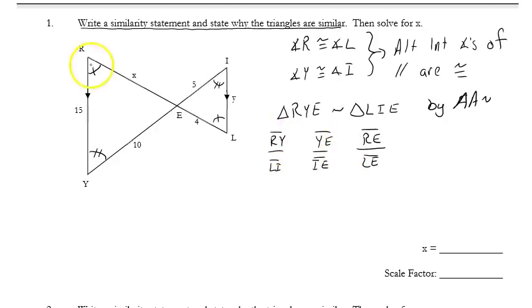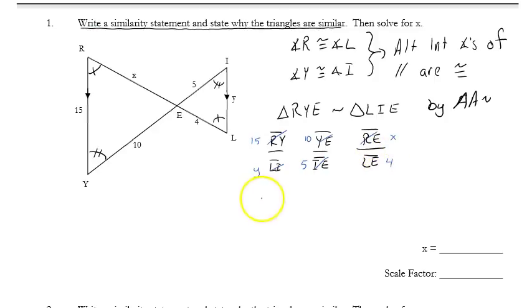I know that segment RY is 15. That segment LI is Y. Segment YE is 10. Segment IE, I to E, is 5. Segment RE, R to E, is X. And segment LE is 4.